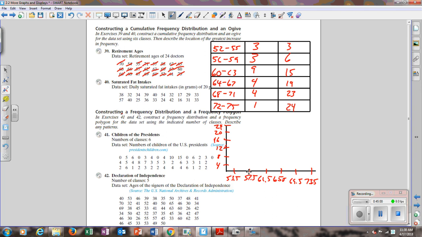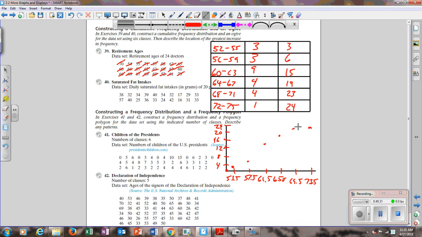Alright, now for the ogive, it goes from 0 up to 3, then up to 6, then up to 15, and up to 19, up to 23, and up to 24.